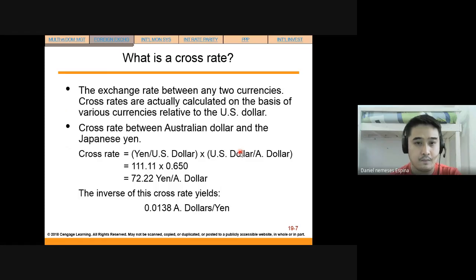So we have 0.650. We can actually eliminate the US dollar, and we have yen over Australian dollar.